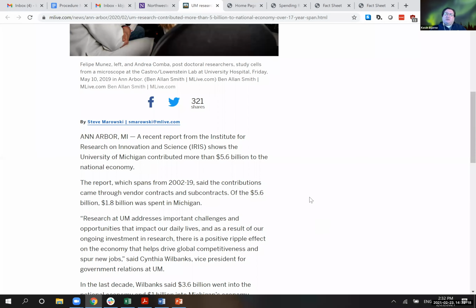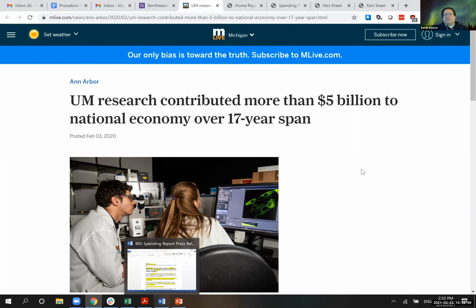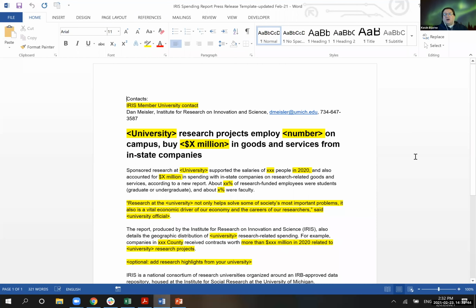And so this is one of the main use cases here that we see. And again, if you think about what the mission of IRIS is, it is to help convey the value of scientific research to the public in a way that they'll understand. And so that's why we've been trying to frame everything in an easily digestible format that anyone can take and use to explain the impact of that research. And one of the things that we provide along with the reports are templates for press releases that you just fill in the information.